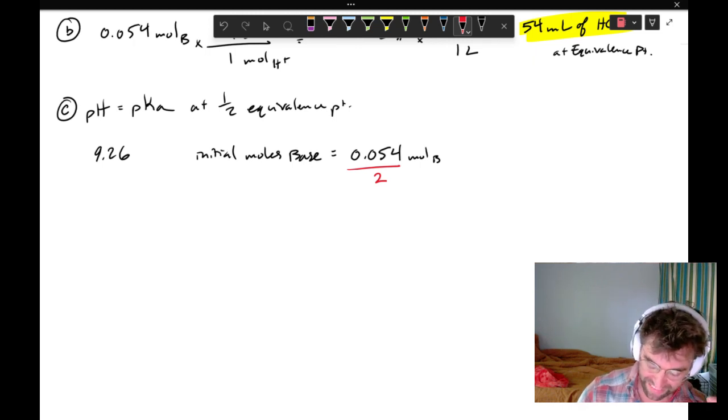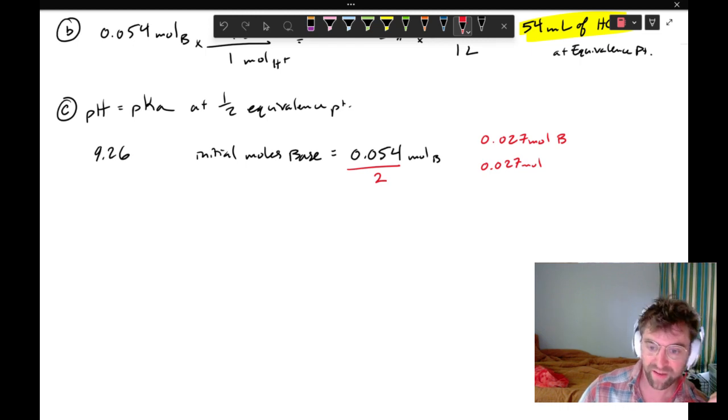So we're going to have an equal amount. Sorry, that's 0.027. We're going to have equal amounts of our base, ammonia, and its conjugate. And that is what this half equivalence point means. Half of the base has been consumed, and half of it exists as its conjugate.